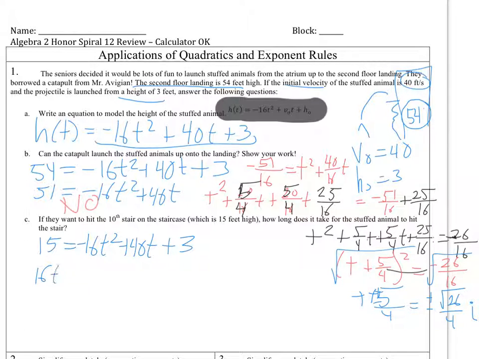We get 16t squared minus 40t, and then 15 minus 3 would be 12. Everything here is divisible by 4. Let's make this a little bit easier to work with. 4t squared minus 10t plus 3 is equal to 0.